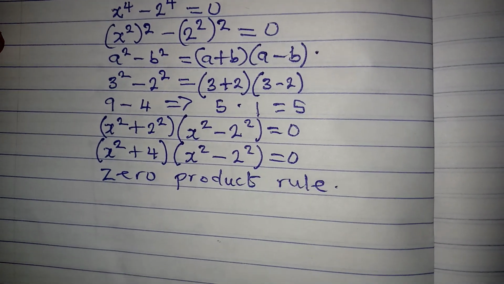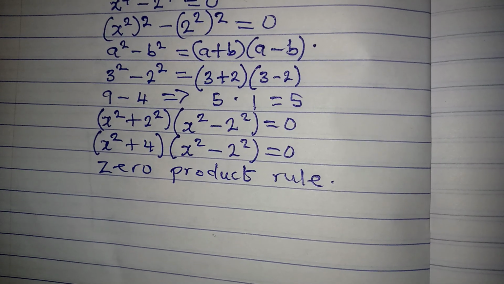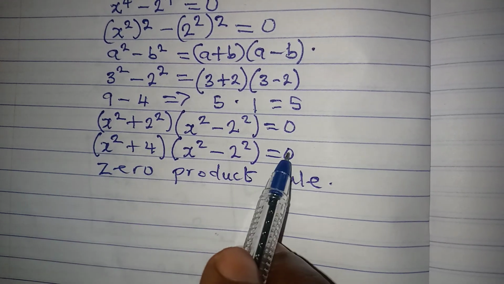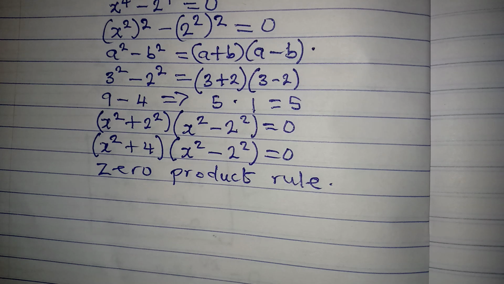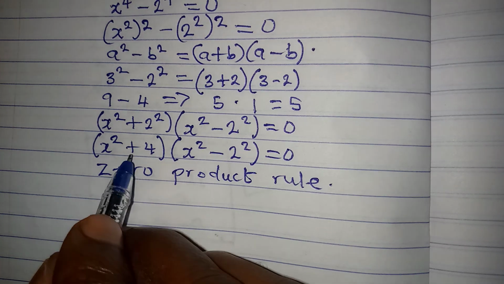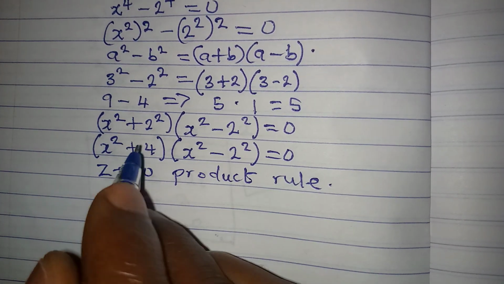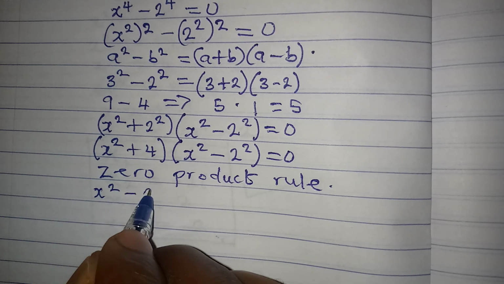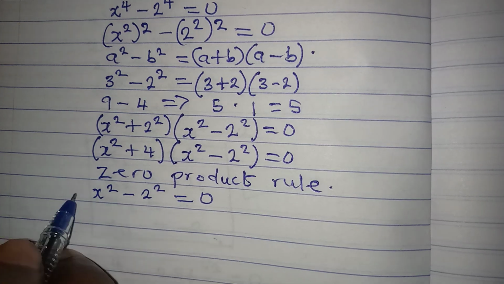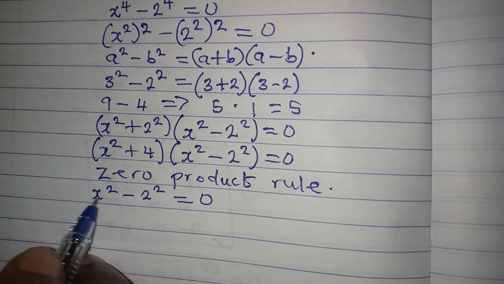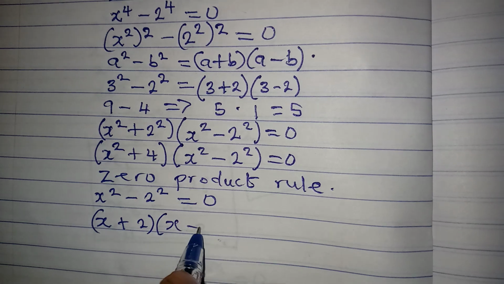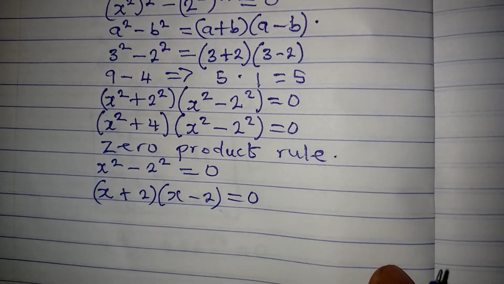I want to believe you know when to apply the zero product rule. You apply this rule when you are to multiply two numbers or two terms to get 0. So either of them must be equal to 0 for you to have 0 on the right hand side. I want to work with this first, and I'll come back to pick this. So x squared minus 2 squared should be equal to 0. From here we can apply difference of two squares, so that x plus 2 multiplied by x minus 2 will be equal to 0.